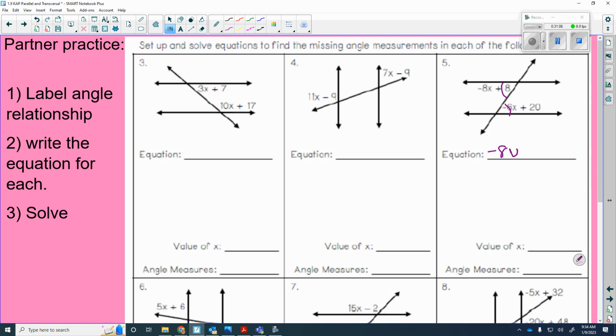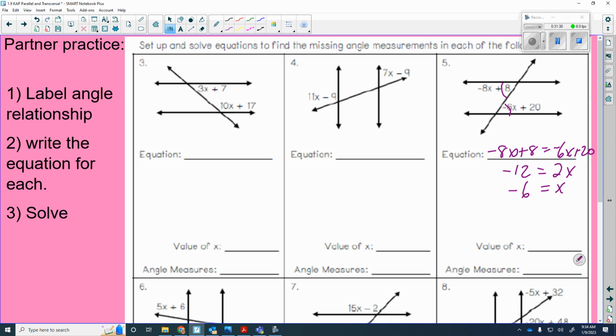So negative 8x plus 8 equals negative 6x plus 20. Oop, I was doing the smaller one. So that would be plus 8x, which gives me 2x over here, minus 20 gives me negative 12. Ooh, isn't that our first time to get a negative in there? Yep, it is.